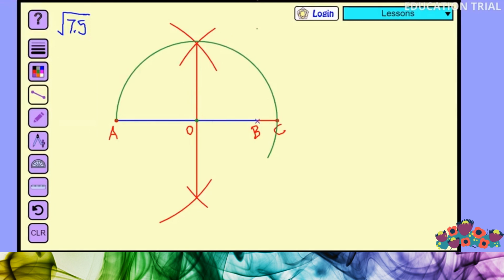That means from B I am drawing a 90-degree line. So this is a point having measurement 90-degree.